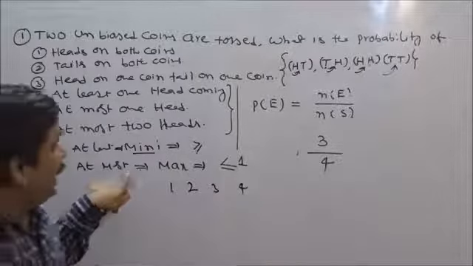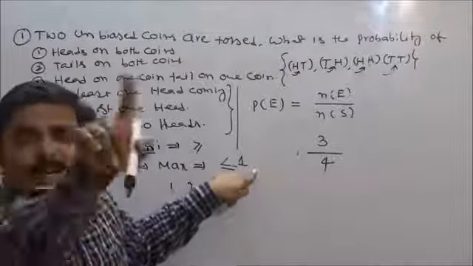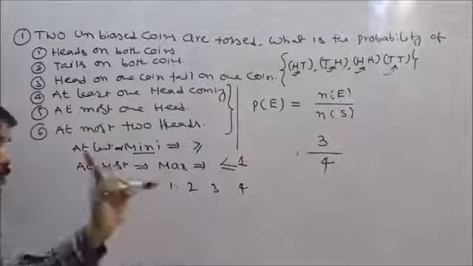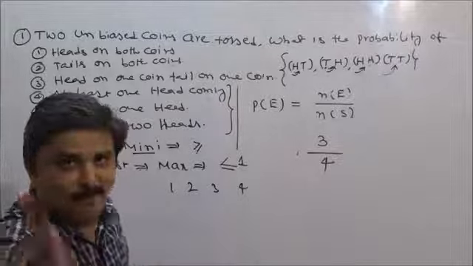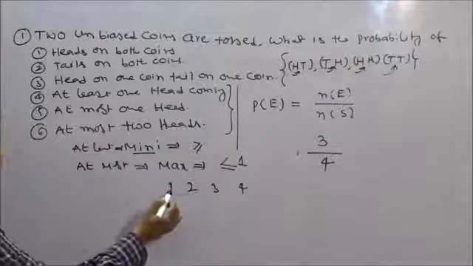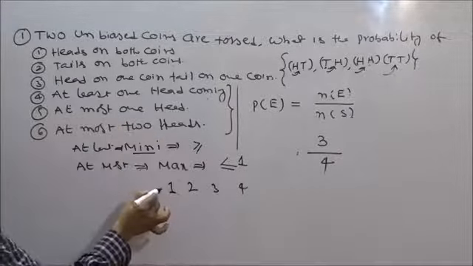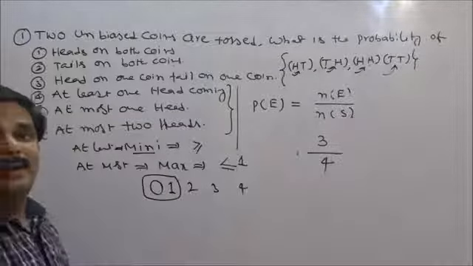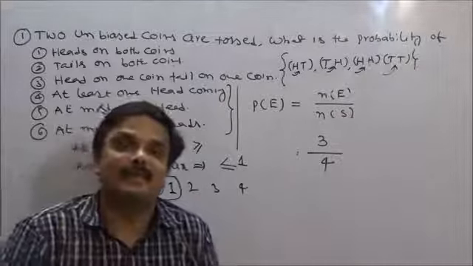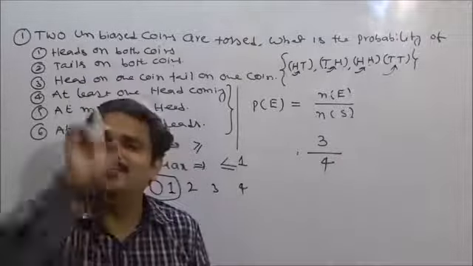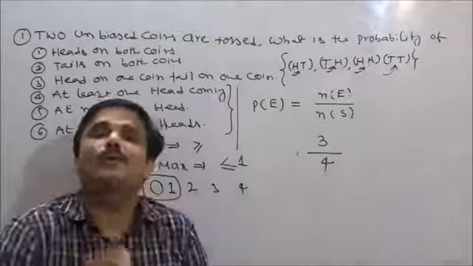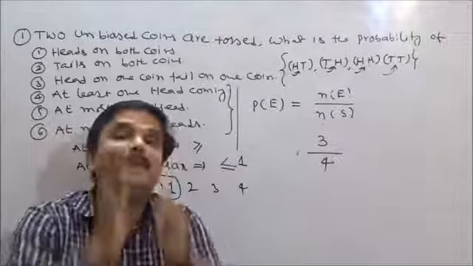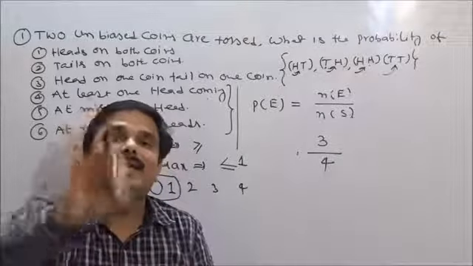Now at most 1, maximum 1, less than or equal to 1. Less than or equal to 1 means you should consider, very important point, 1 or 0. This is called maximum. At most means maximum, less than or equal to. At least means minimum, greater than or equal to.